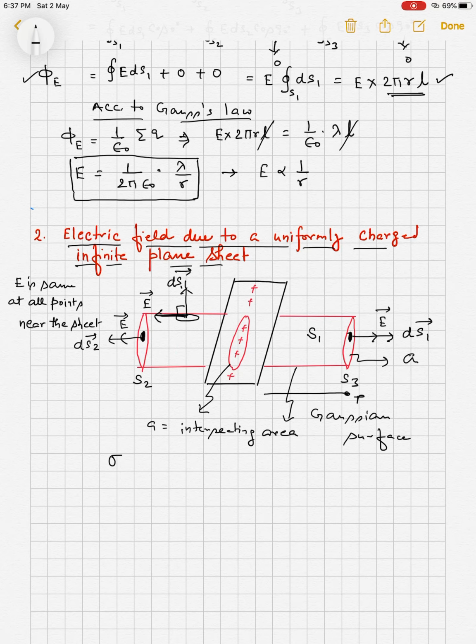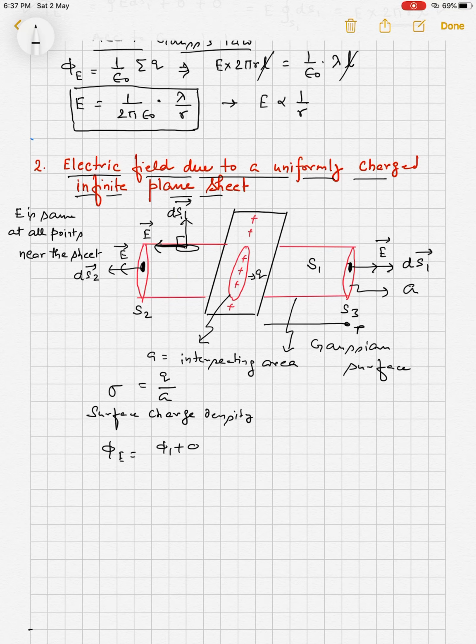So sigma, that is the surface charge density: Q charge is distributed over area A. Here the charge is Q. So this is sigma. Now phi E is equal to phi 1 plus phi 2 plus phi 3, the flux through surface 1, surface 2 and surface 3.